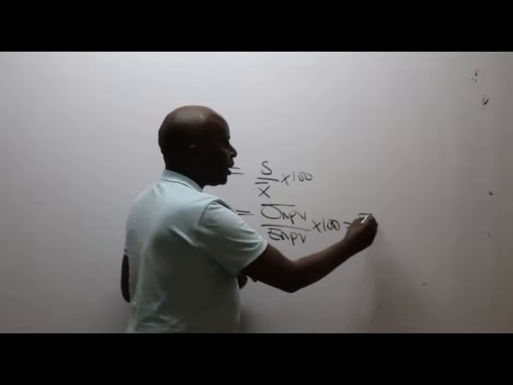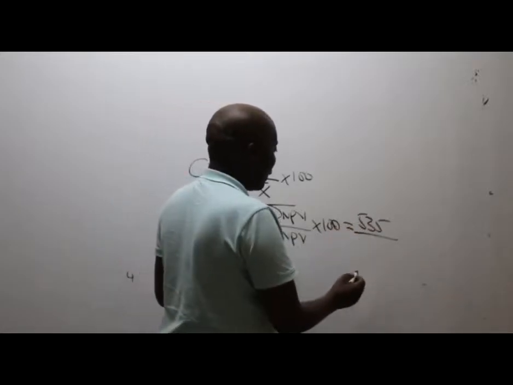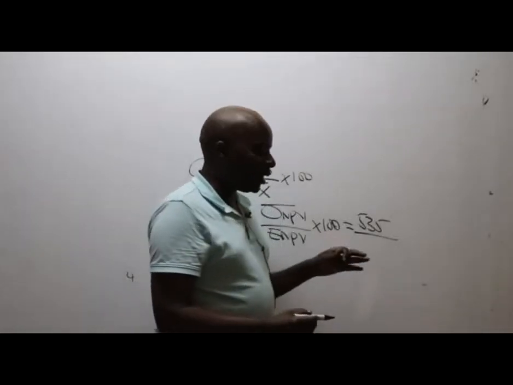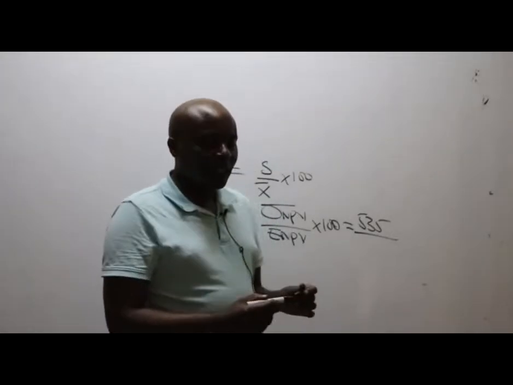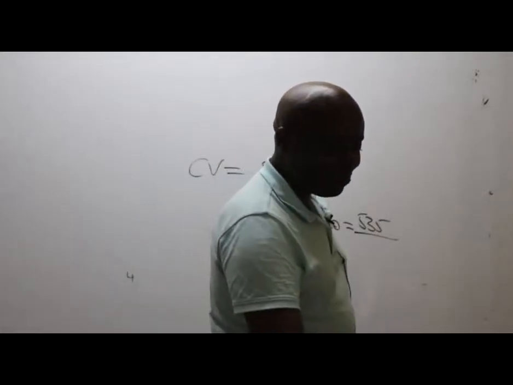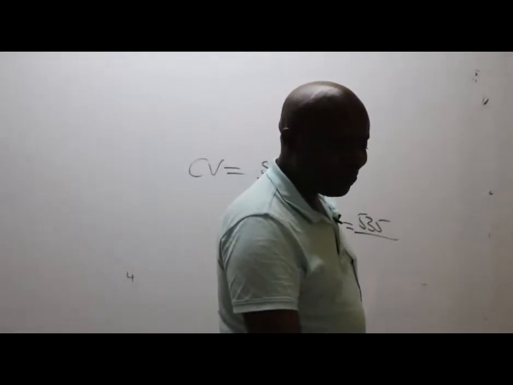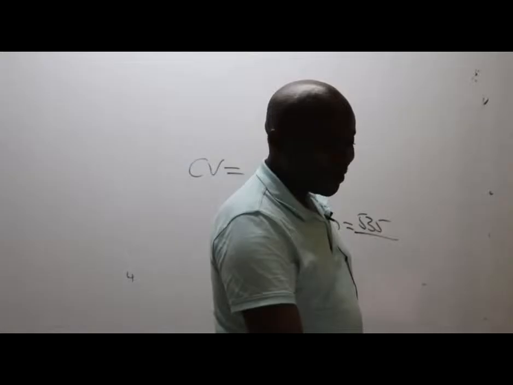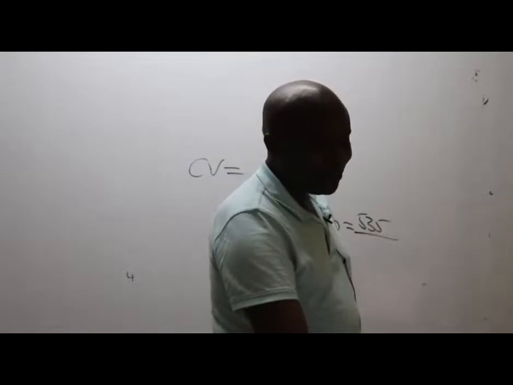So you guys gave me 535 all over expected net present value. What was the expected net present value? Caroline is saying that I'm the one who taught them like that.